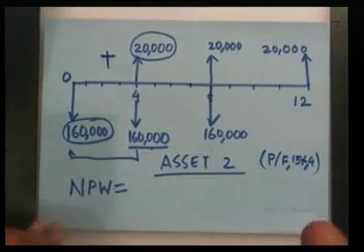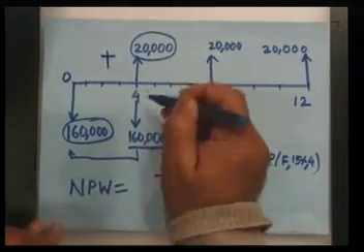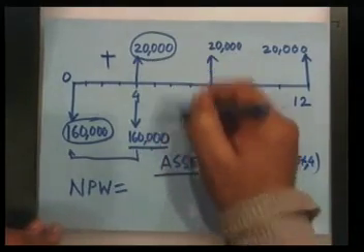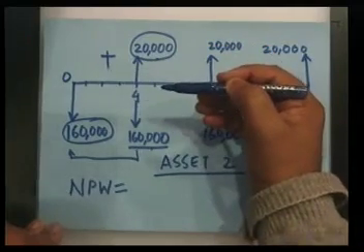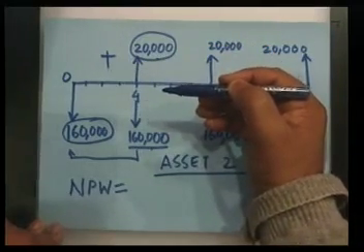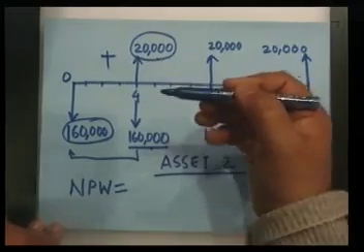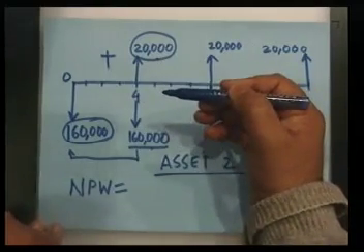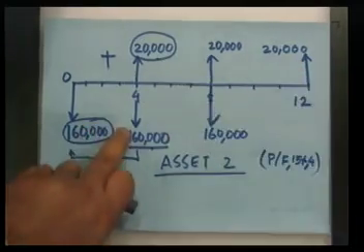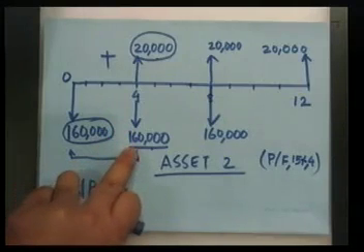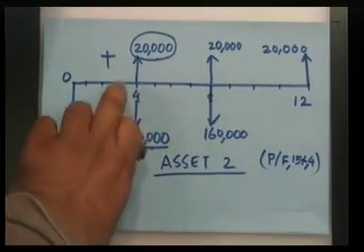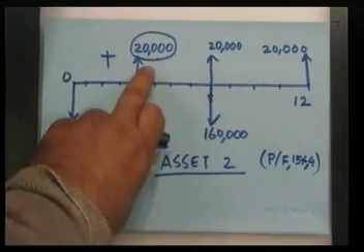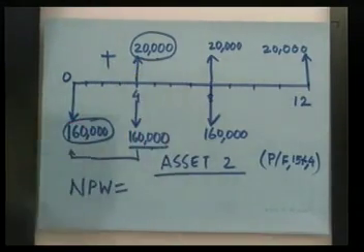The other way could have been to take the algebraic difference between this and this. Why am I taking the algebraic difference? Because they are at the same point of time. At the end of year 4 itself, I am paying 160,000 and at the end of year 4 itself, I am receiving 20,000. So, how much is my net outgoing?